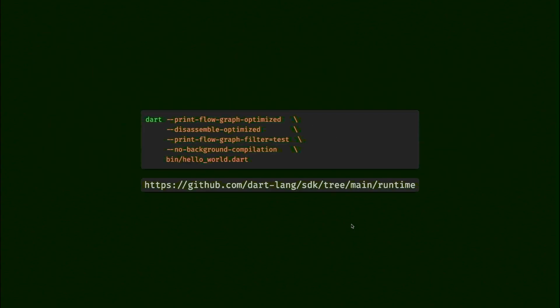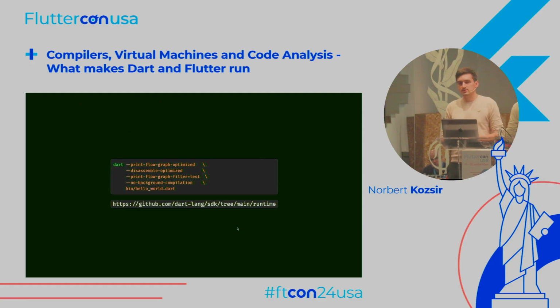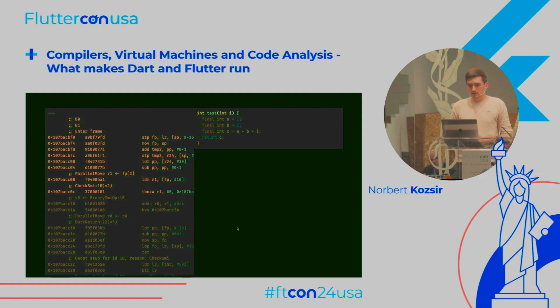We can use this command to compile and then also take a look at some assembly code generated by that function. If you're interested, there's a link on the Dart SDK that has some great documentation on how you can inspect some source code.